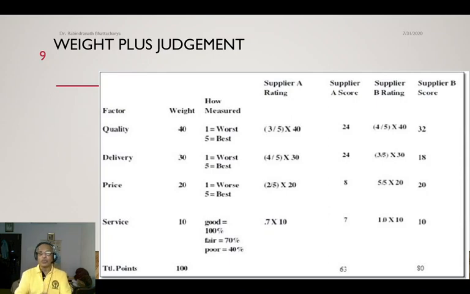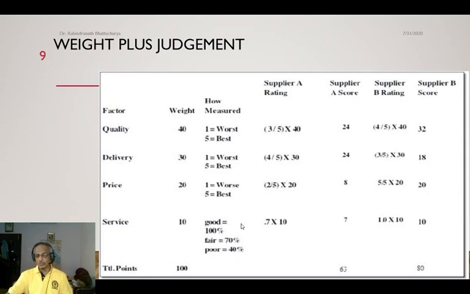We put the judgment as per the Likert scale, which varies from 1 to 5. So 1 is the worst performance and 5 is the best performance. The experts formed an opinion that this supplier should not get more than 3. So 3 by 5 into 40, so 24. For quality, for delivery 24, price this.